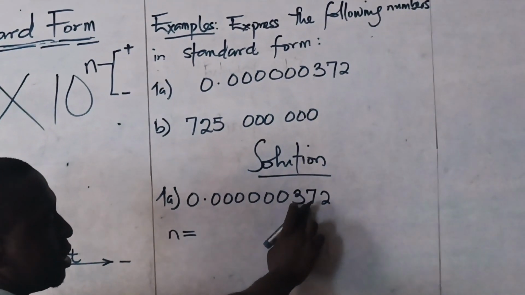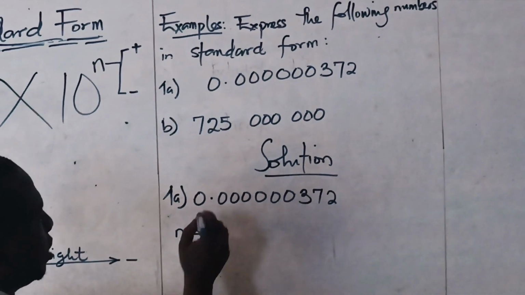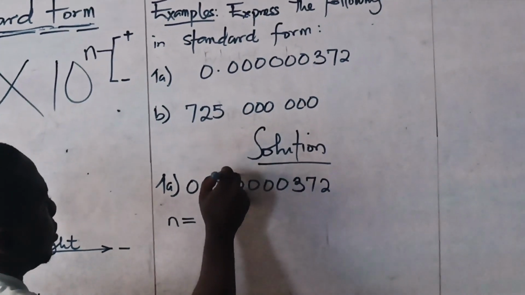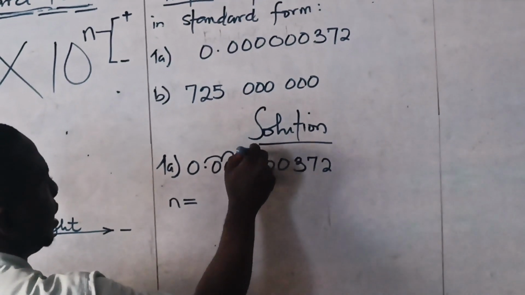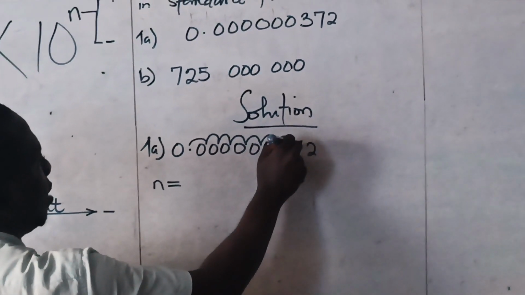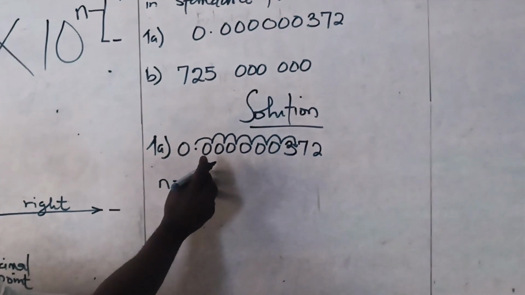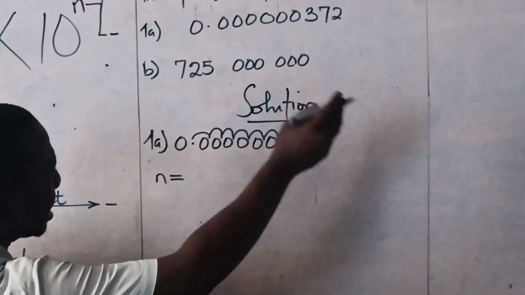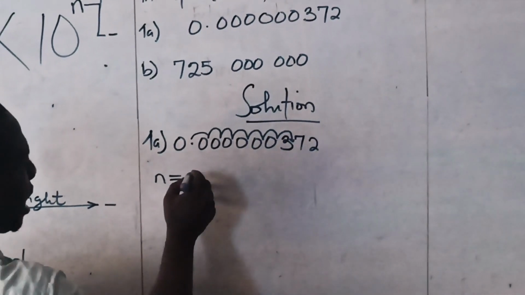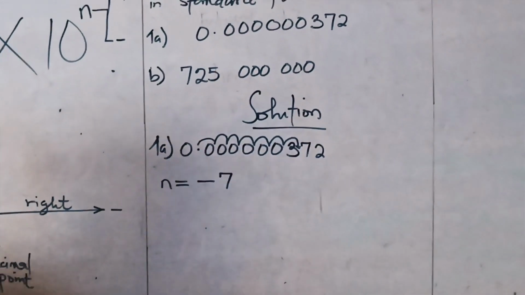It should be between the first digit and the second digit. So let's carry it. 1, 2, 3, 4, 5, 6, 7. So that means we carry our decimal point to the right direction. How many times? 7 times. That is minus 7.